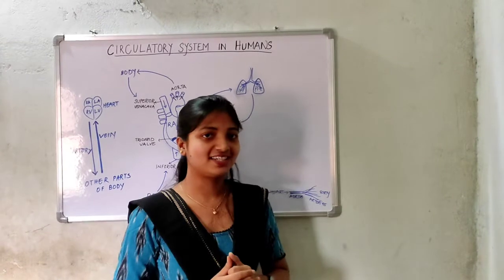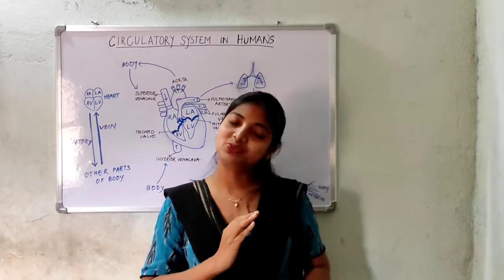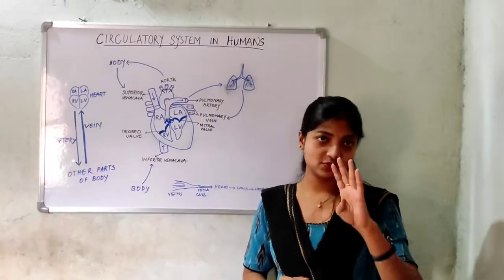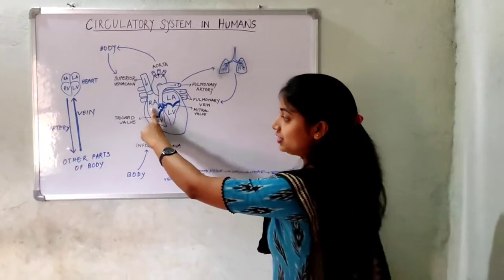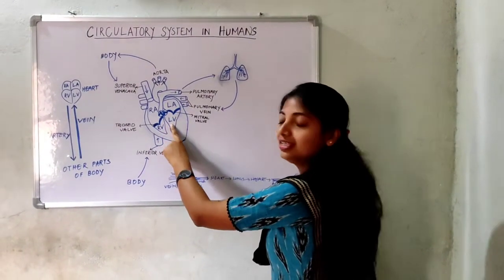So this heart is present in between our lungs, but is slightly tilted towards the left hand side. Our heart is basically divided into 4 chambers, that is the right auricle, the right ventricle, the left auricle and the left ventricle.